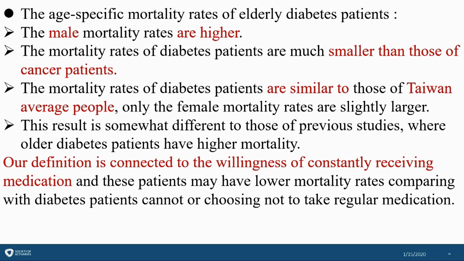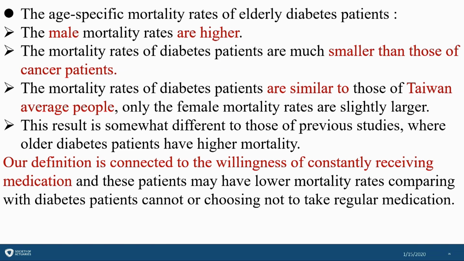For the age-specific mortality rate of elderly diabetes patients, the male mortality rates are higher, and the mortality rates of diabetes patients are much smaller than those of cancer patients. The mortality rates of diabetic patients were similar to those of the Taiwan average population. Only the female mortality rates are slightly larger.